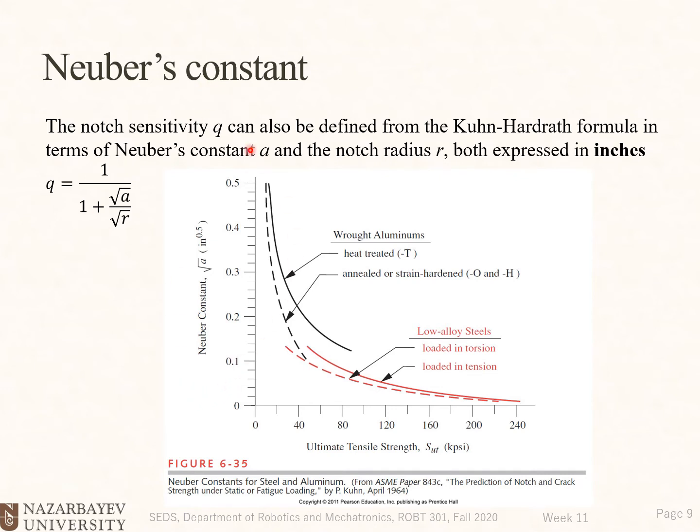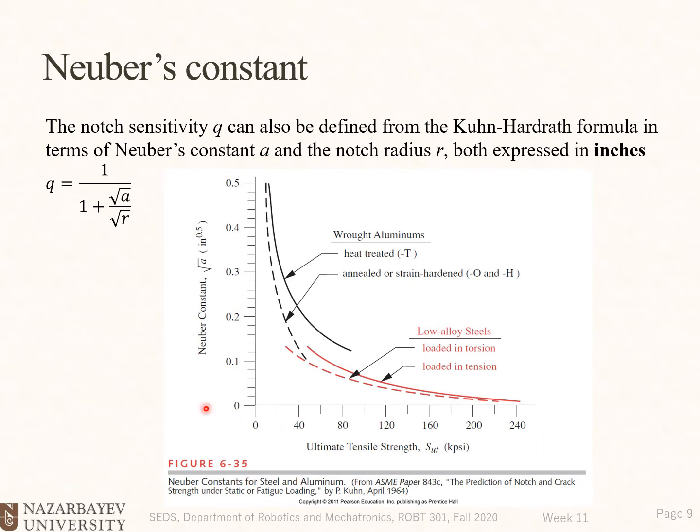Or in some references, they call square root of A the Neuber constant. And of course, the Neuber constant only depends on the material property.